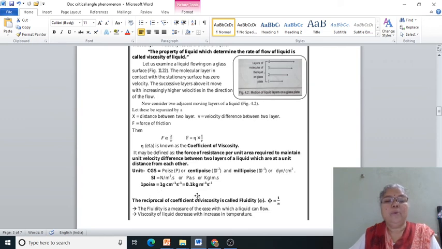And the reciprocal of the coefficient of viscosity is called fluidity, denoted by letter φ, and φ is equal to 1/η. The fluidity is a measure of the ease with which a liquid can flow, and the viscosity of a liquid decreases with increase in temperature.